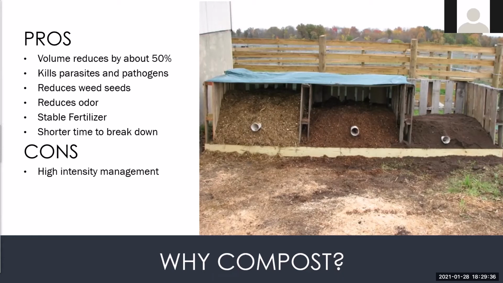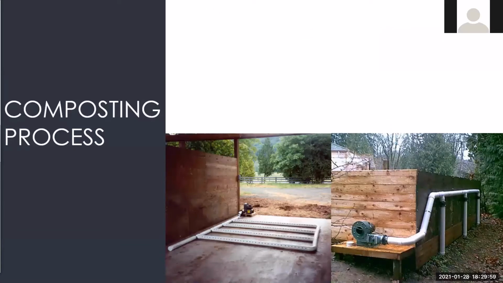But it is higher intensity management to think about having those piles and doing all of that, and you will need more storage space by completing one pile at a time and starting that process, and then potentially having the right equipment for it and setting it up. Oftentimes you'll see different aeration systems that can improve the compost and get it really, really hot, and reduce that composting time.